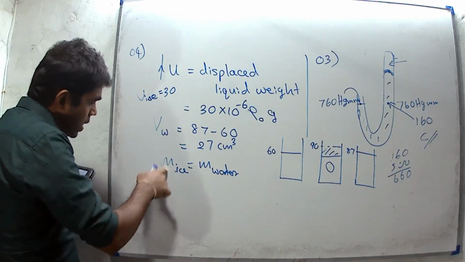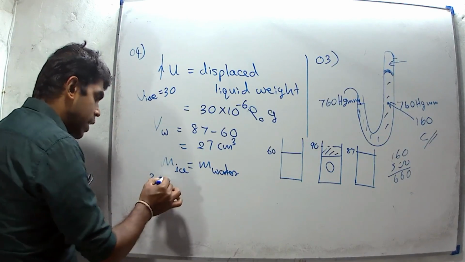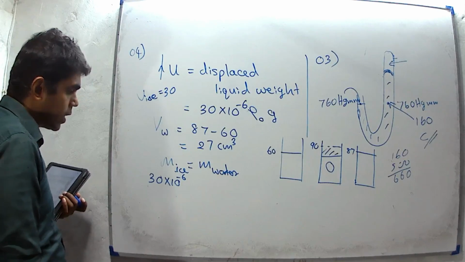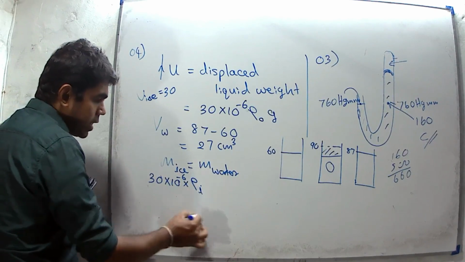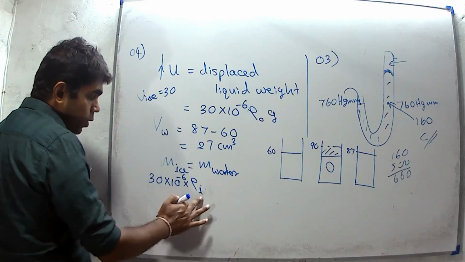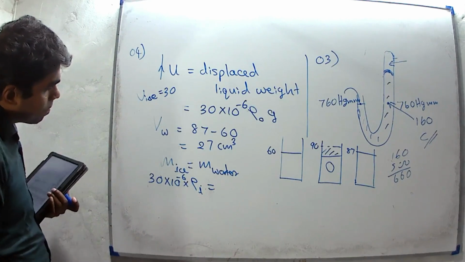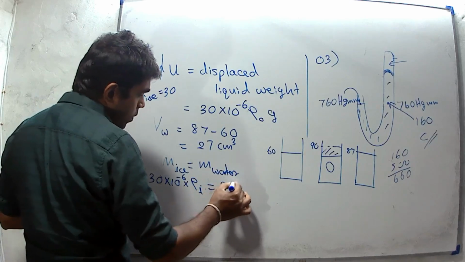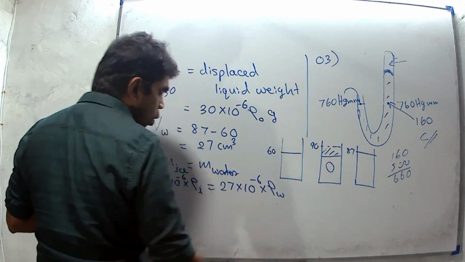Then mass of ice, 30 cubic centimeters, it is volume. I will convert it to cubic meters by multiplying by 10 to the power minus 6. This is ice volume. We have to multiply density of ice, then volume into density is the mass, equals to water mass, volume of water 27 into 10 to the power minus 6, density of water rho W.